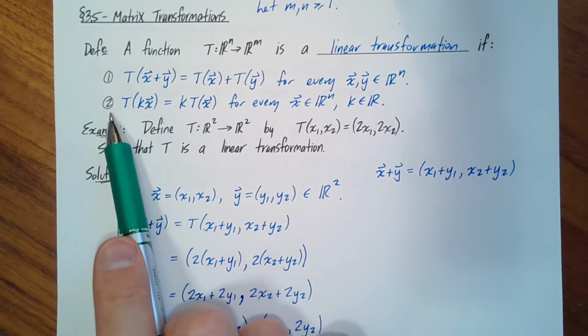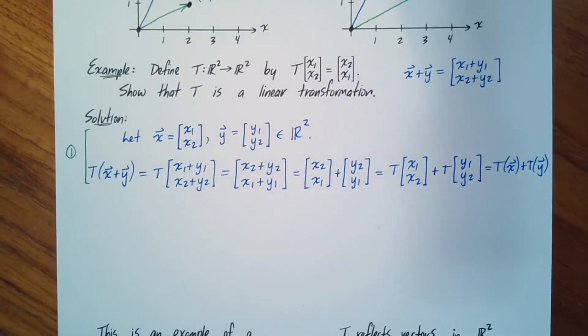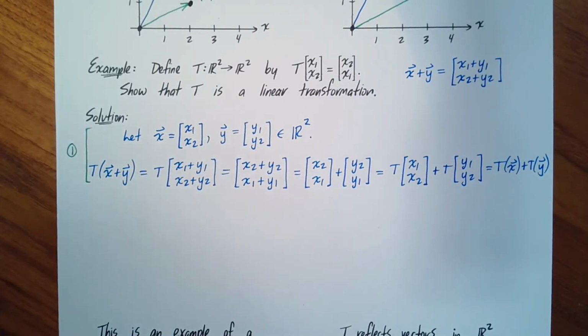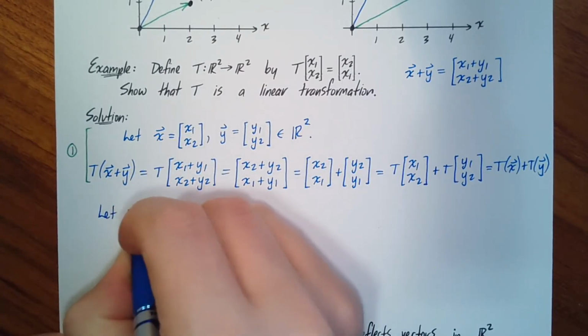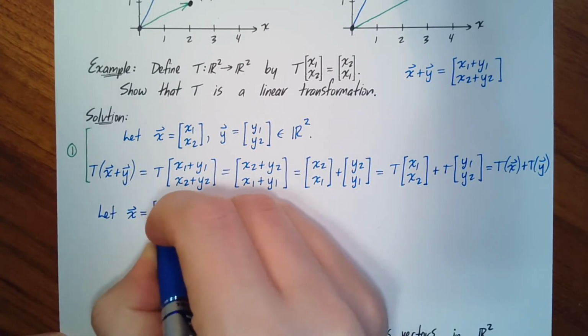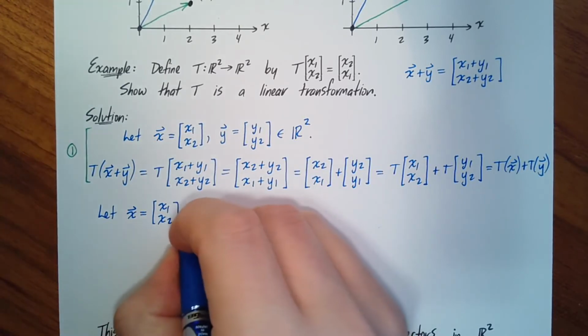So now we just need to verify the second condition. So we'll start off in the exact same way that we started the previous example. We're just going to start with a vector x in R2. So again, I'm going to write a general vector x with 2 coordinates as a column vector.